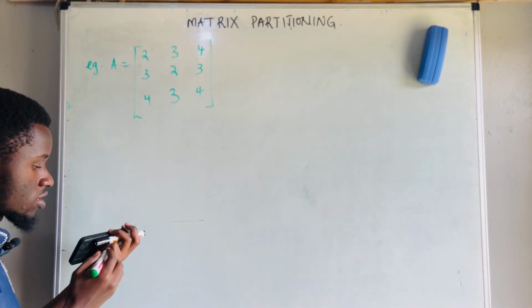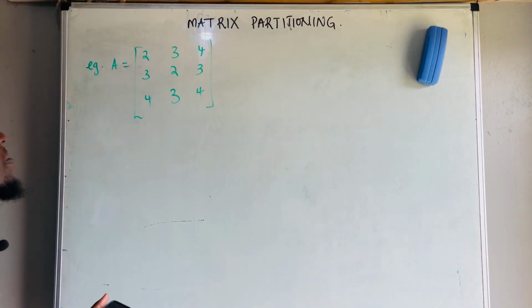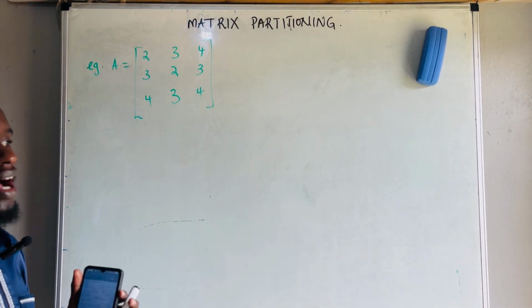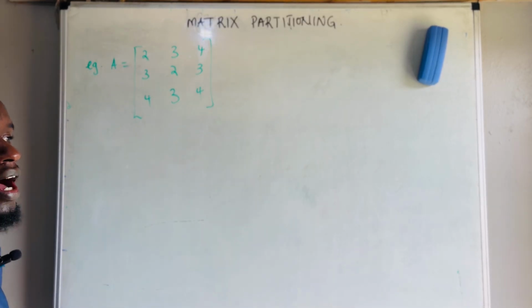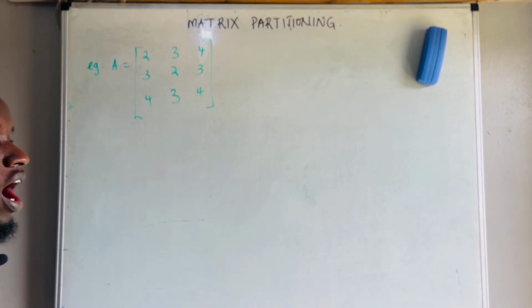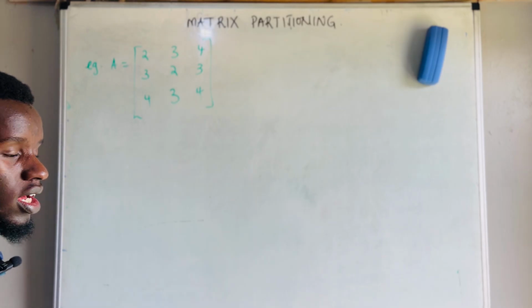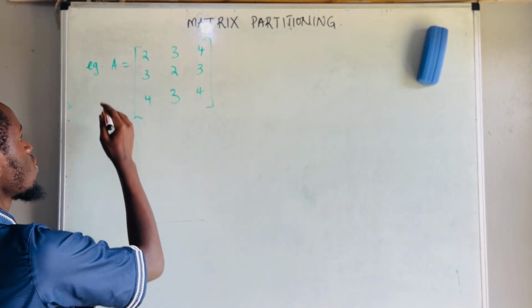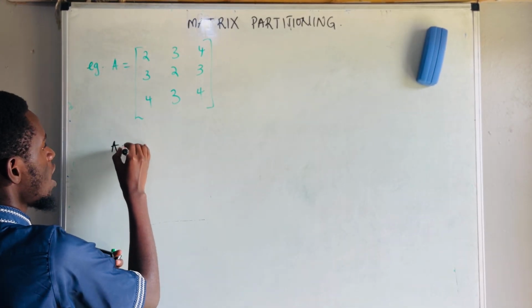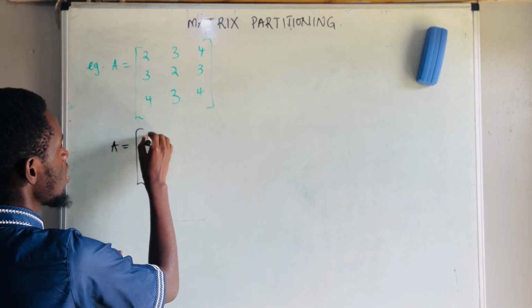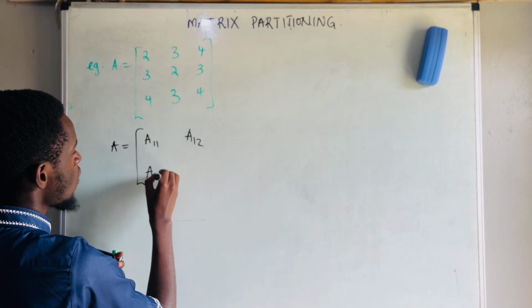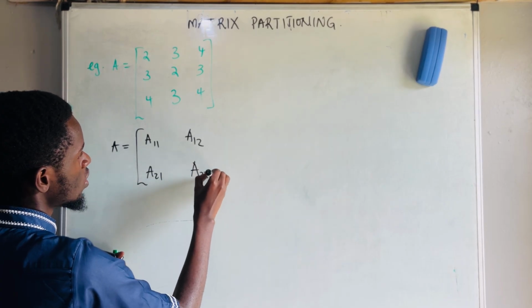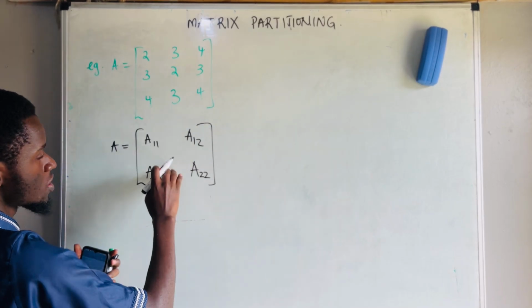As you see, this is a 3 by 3 matrix, but now we can partition it into a simpler 2 by 2 matrix. I mean that we can transform matrix A to become a 2 by 2 matrix by having A11, A12, and then A21, and then A22. We can divide this matrix into this form.